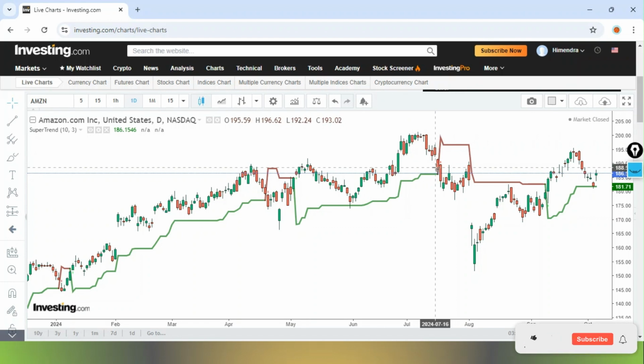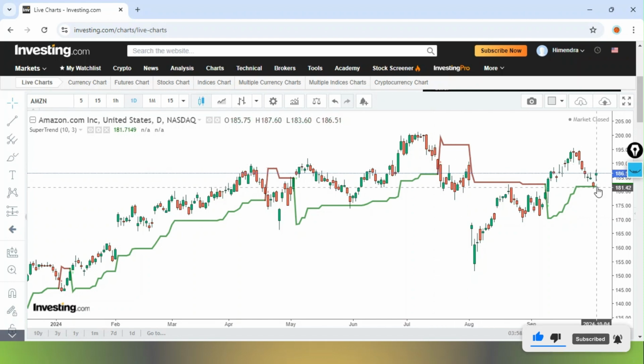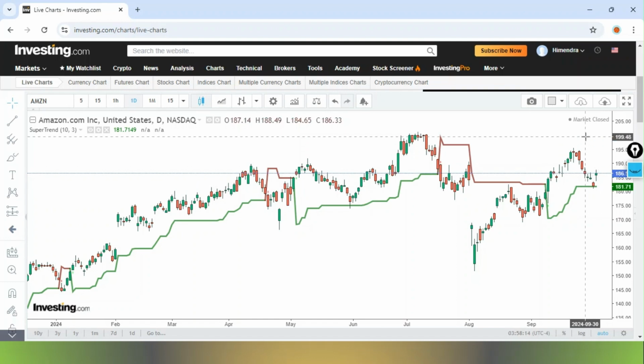So your trade ended up with no profit, no loss. Here it is testing your stop loss level at 181. So one can enter here at 186, keeping a stop loss at 181 and taking a target of 200, because it is testing the 190 to 200 level.